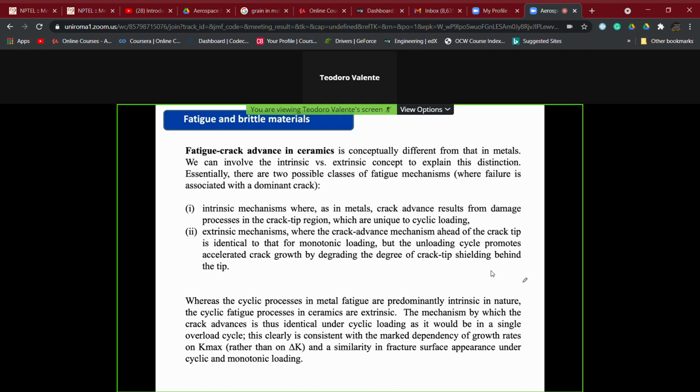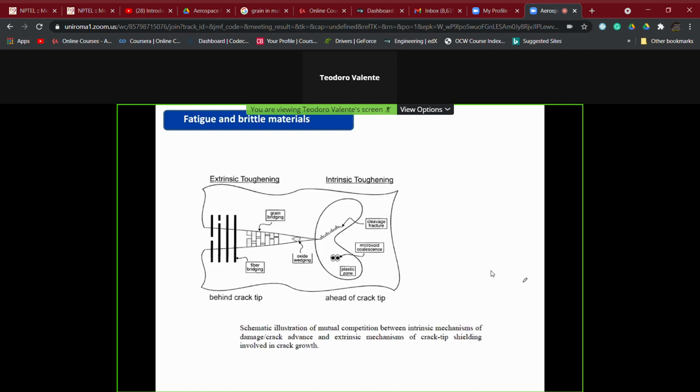There is also a similarity in the fracture surface appearance under cycling and under monotonic loading.